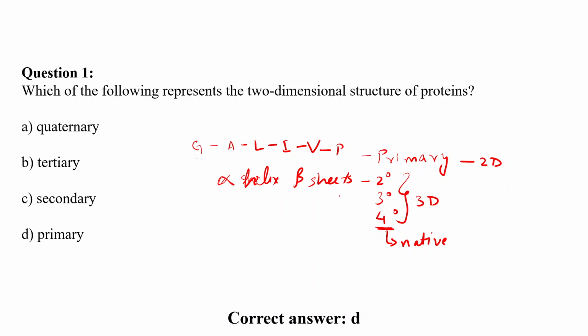This is the basics of protein structure. The first thing would be primary, that means the amino acid sequence. Then comes the secondary, where you have the arrangement of amino acids into alpha helix or beta sheets or turns or loops. Then comes the tertiary, where you have the arrangement of these secondary structures in a 3-dimensional space. And then comes the quaternary structure, where further folding happens and the native conformation is achieved by a protein.